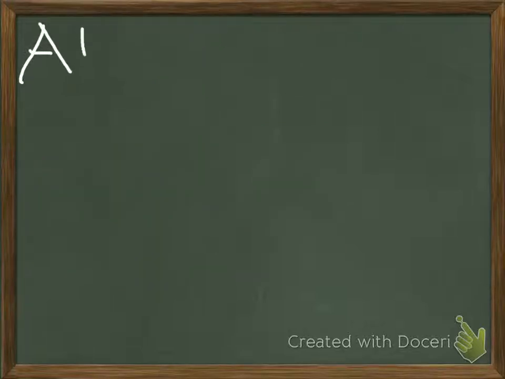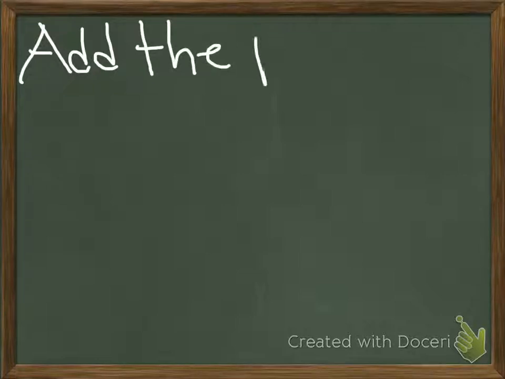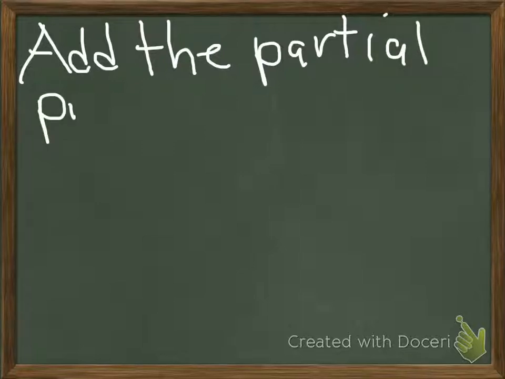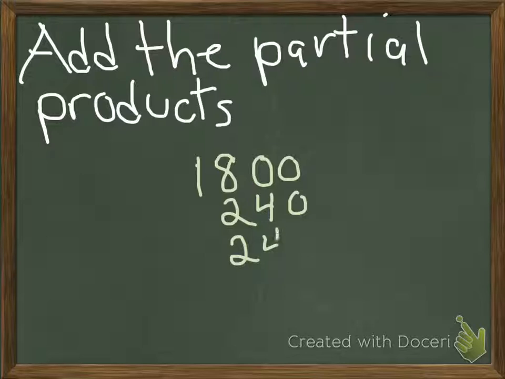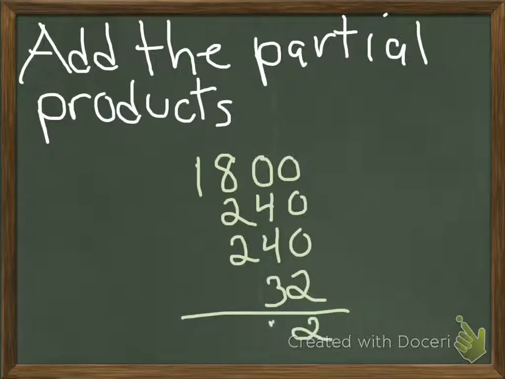Now we add each of the partial products. Make sure you line the numbers up carefully. 1800, 240, 240, and 32. 2 in the ones column, 11 in the tens column, regroup the 1, 13, 1, 2,312.